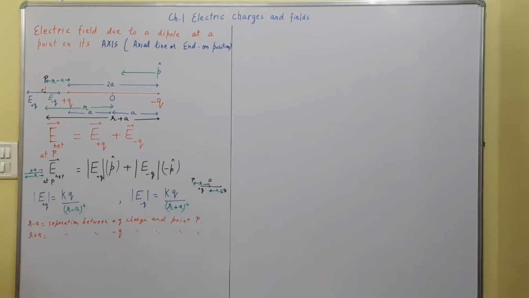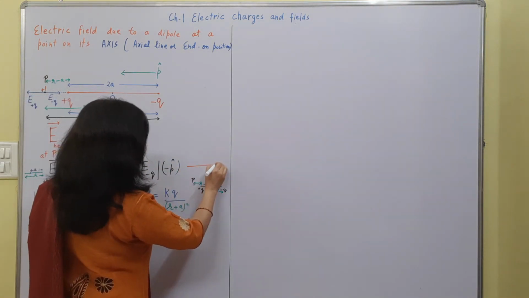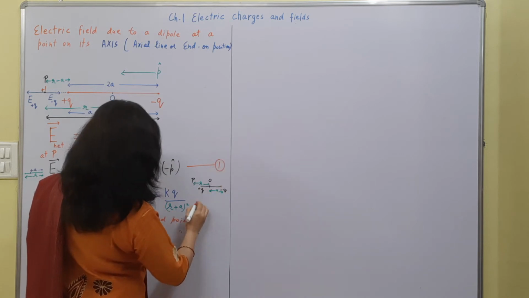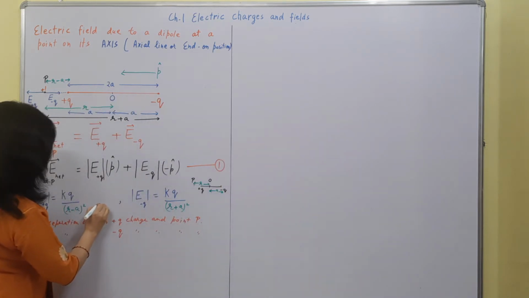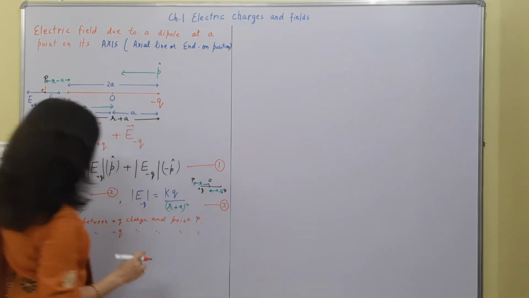So this is the required expression which we will put in the formula which we have obtained here. So this is first and this is second equation I am marking, and this is third equation, right?